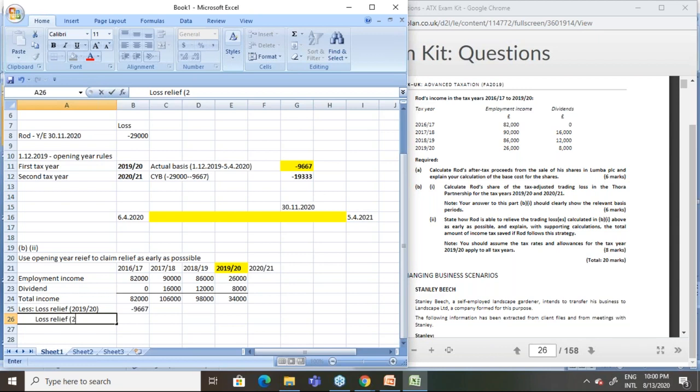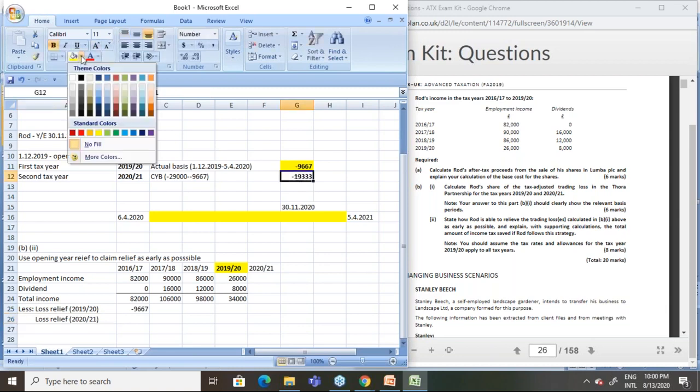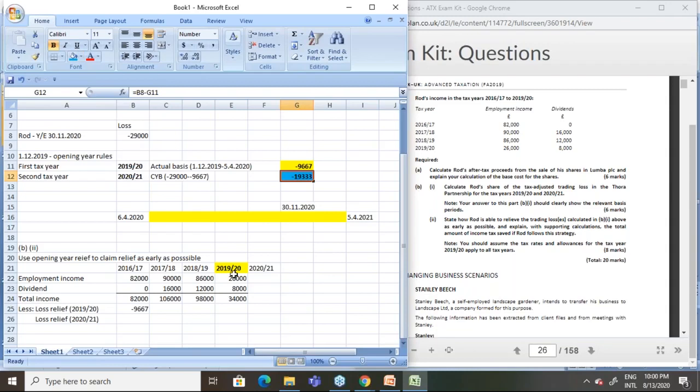for 2020-21. So there you have a loss of 19,333.